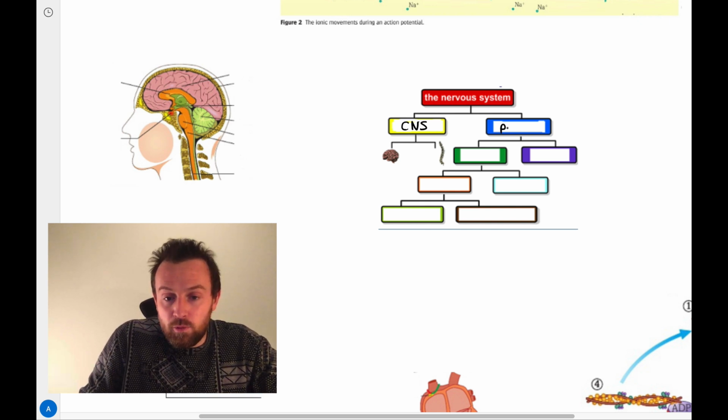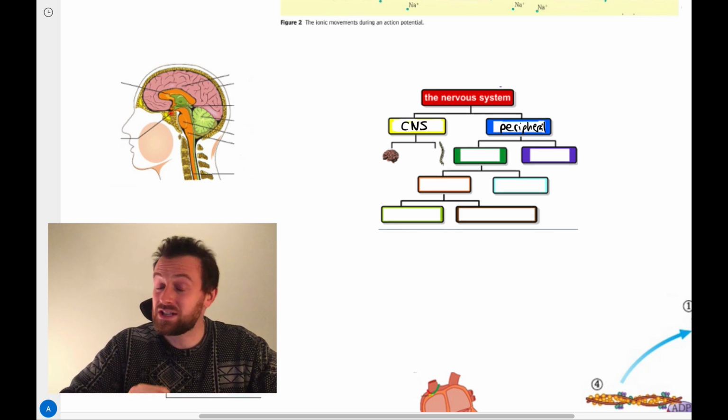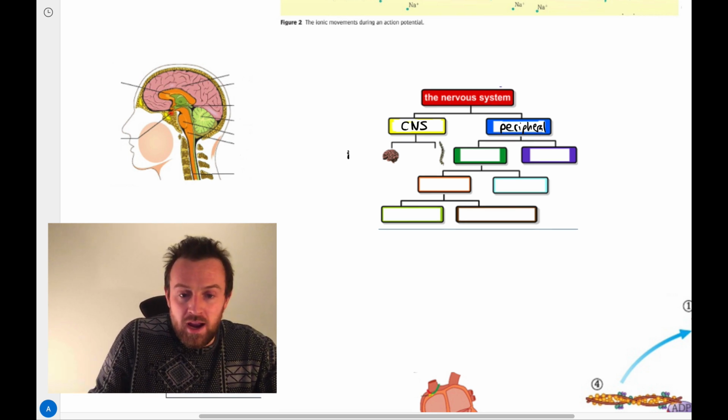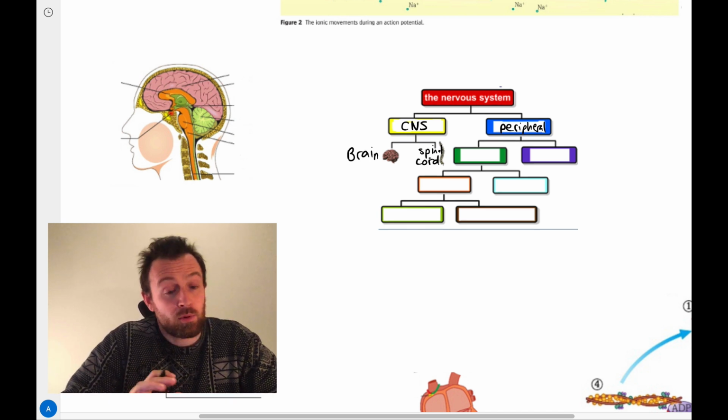And then we've also got the peripheral nervous system. So the peripheral nervous system is everything that is not the central nervous system. Now the central nervous system is the brain and the spinal cord. And everything else is peripheral.